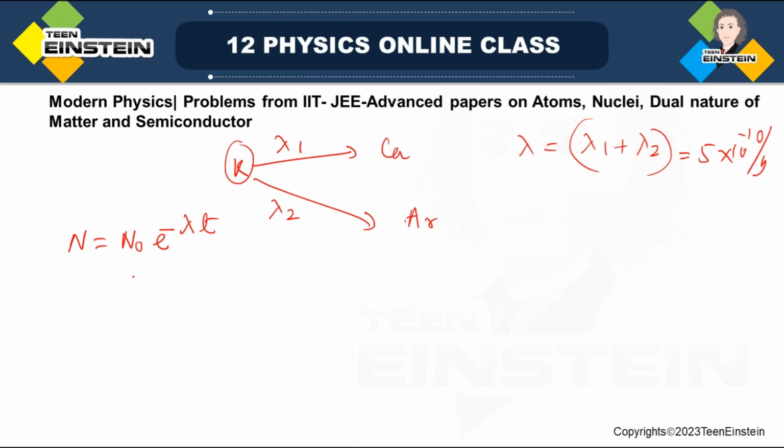If we see in time t into 10 to the power 9 years, 99% of potassium gets decayed.